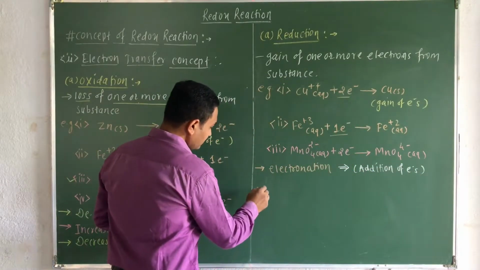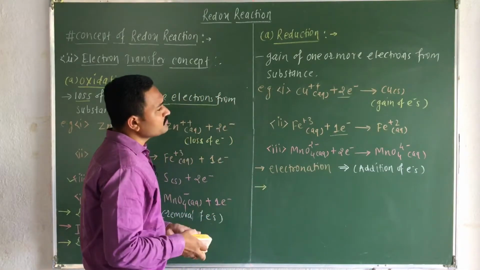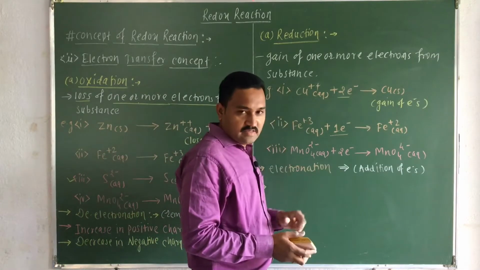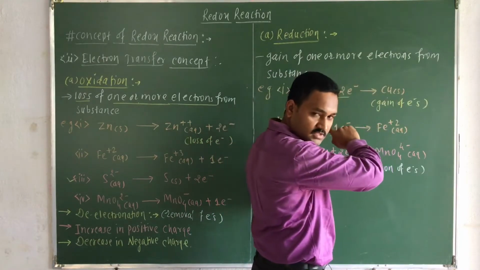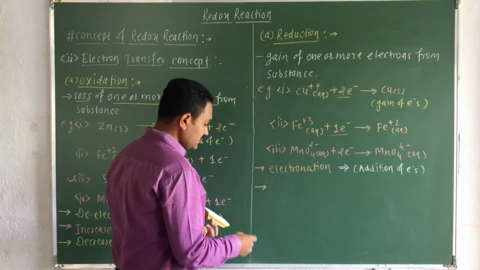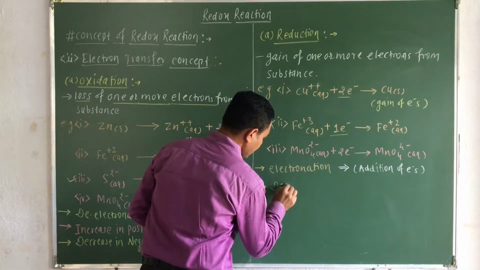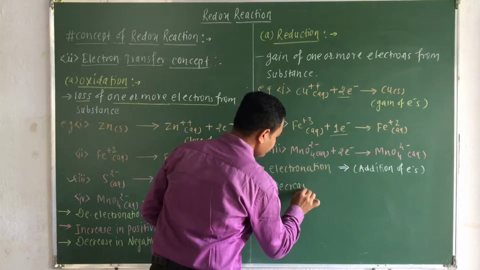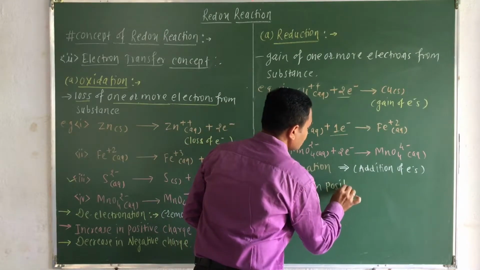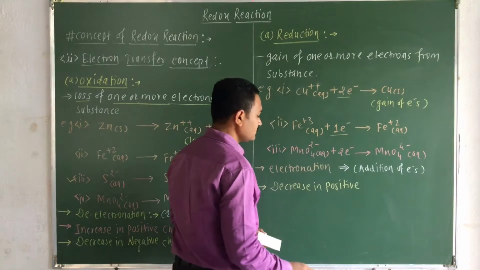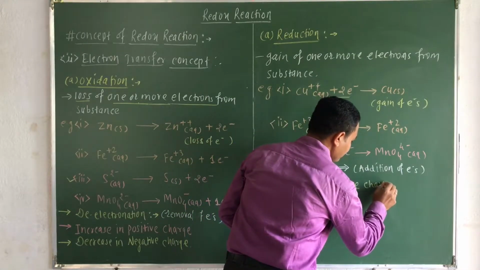The next important point: by observing the first example, plus 2 charge converted to 0 charge, so there is a decrease in positive charge. In short, during the reduction process there is a decrease in the positive charge.